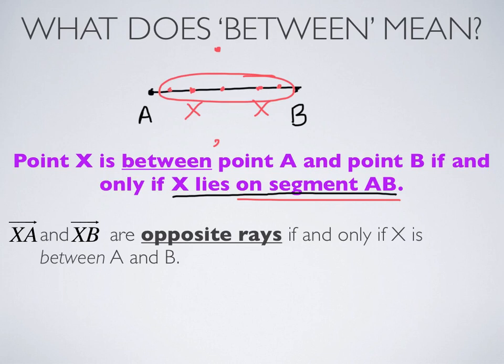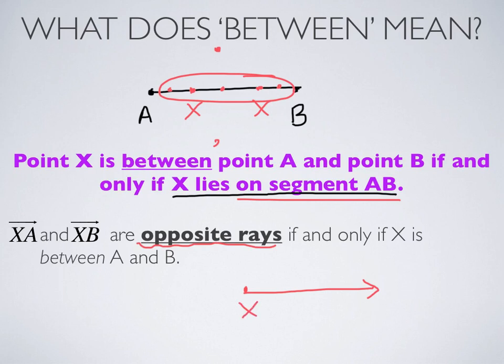Another sort of related definition is opposite rays. So we've talked about what rays are. They're just single arrows. So XA and XB are opposite rays if and only if X is between A and B. That's sort of a meaningless definition, but let's draw that out. So here is ray XA.